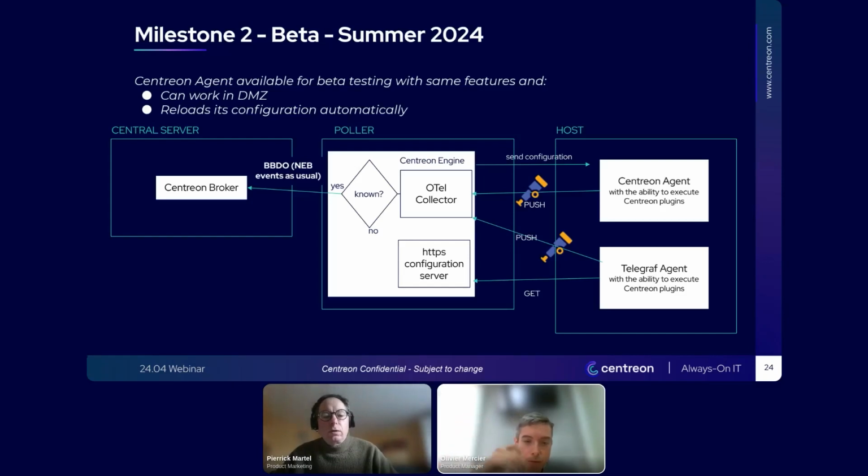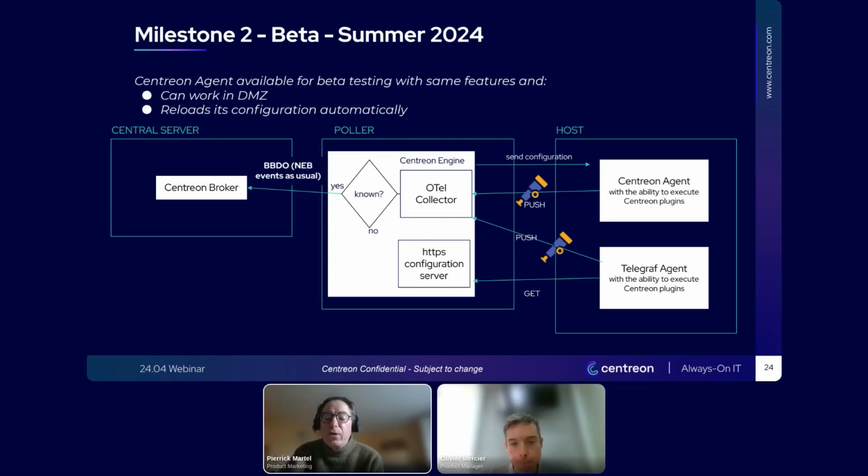If you want to know more about what we could do later, you can contact us, and we will talk about our roadmap. Yeah, so the reason why we are talking about this today, although this new agent is only available as a beta status this summer, is because you will need 24.04 in order to use this agent.